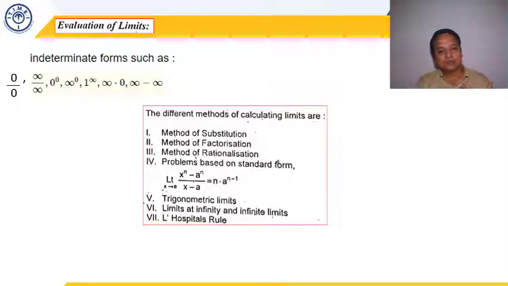Standard formula based, we use this method. Fifth, when we have to solve trigonometric limits. Sixth, limits at infinity and infinite limits. And seventh is L'Hospital rule. So we'll be discussing all the methods one by one with a suitable number of examples and questions from the handout.